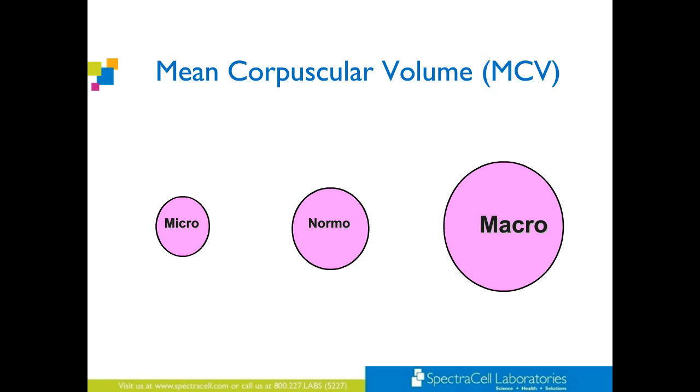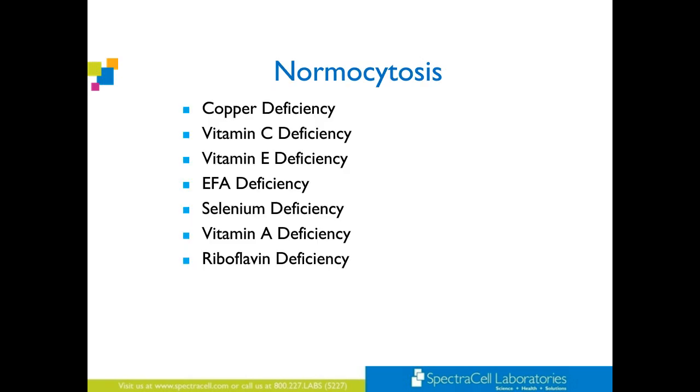On the other hand, we have to realize that there are some nutrients that are synergistic that, once again, can cause a cell to stay large and not continue to mature and go into the normocytic cell. An example of that would be vitamin C. Now, if you have an MCV that's normal, so it's within normal range, we then think more of antioxidants. We think about cell membrane integrity.